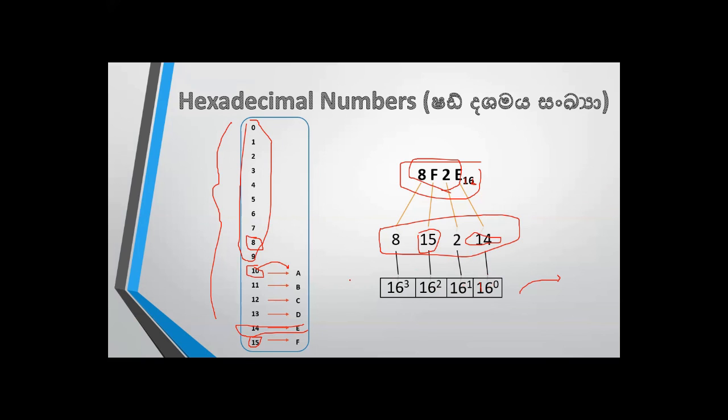Likewise, the power increases. So in a similar way, we can convert this hexadecimal into decimal values. This is a high-level introduction to numbering systems in computer science.